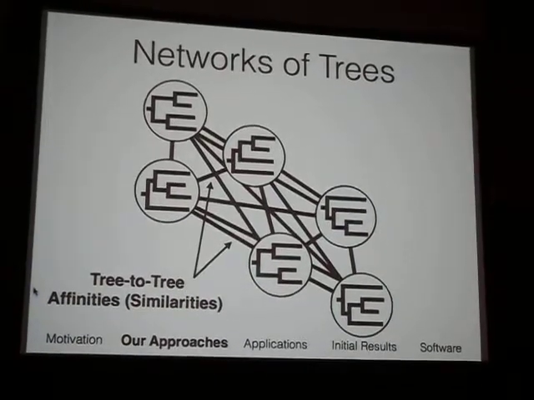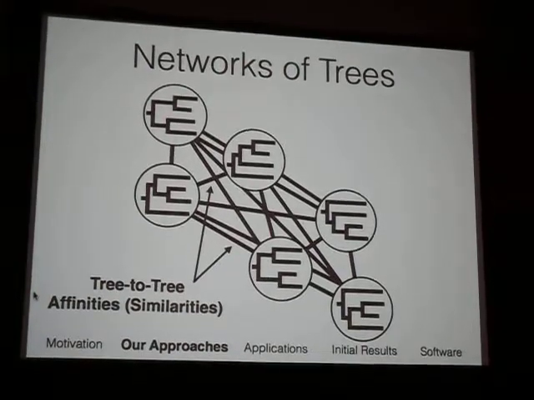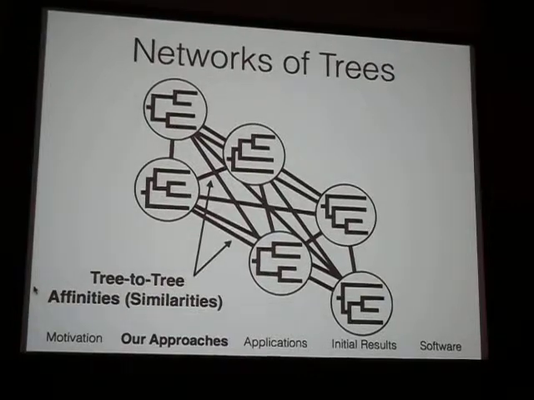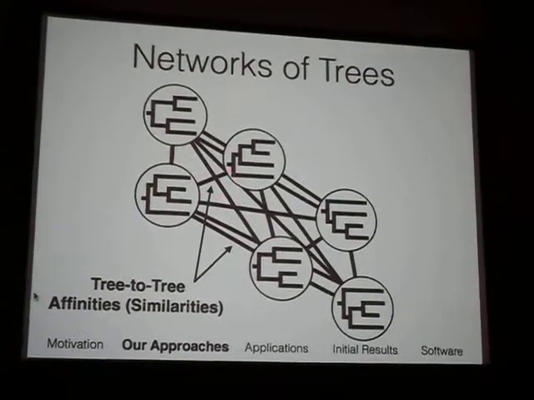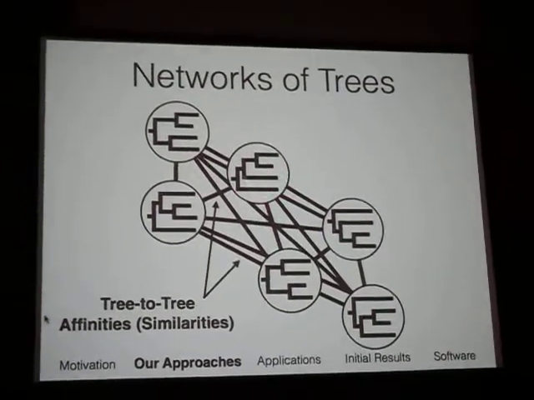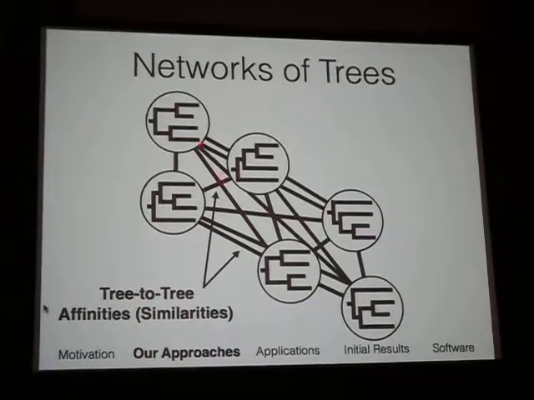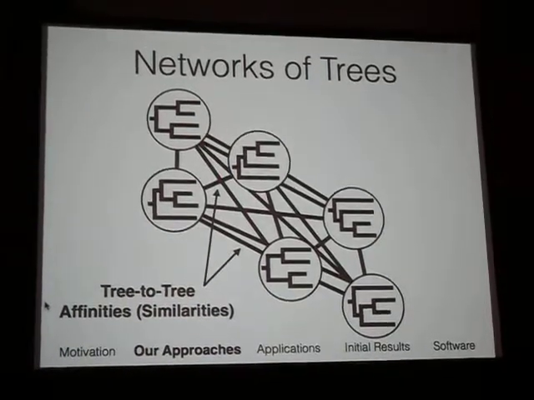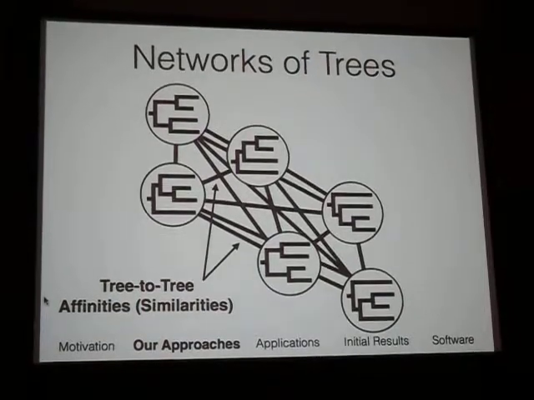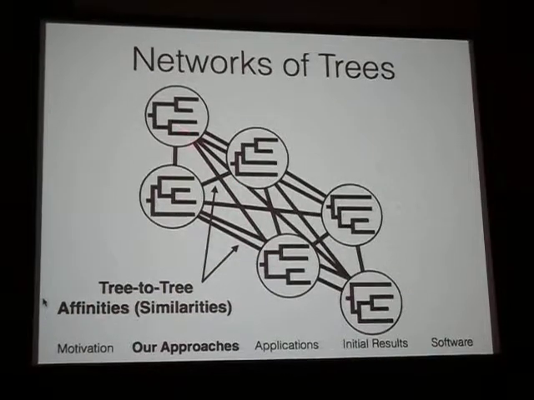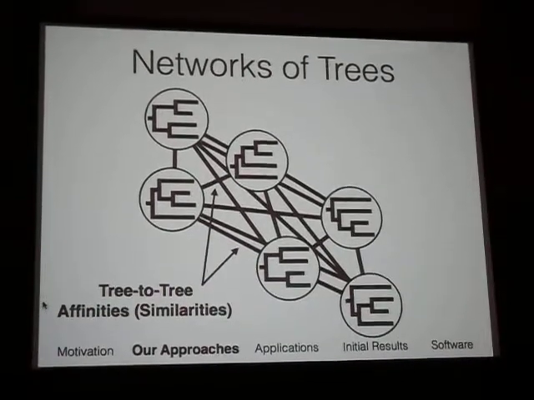So what we're interested in doing is using network-based approaches. The first type of network we use is actually a network of topologies, or a network of trees. The nodes in this network represent individual topologies or individual draws from some distribution. And the branches, or the edges in this network, represent the tree-to-tree affinities or similarities. So if you calculate the tree-to-tree distance, the edge weight here would represent something maybe like the inverse of that distance.